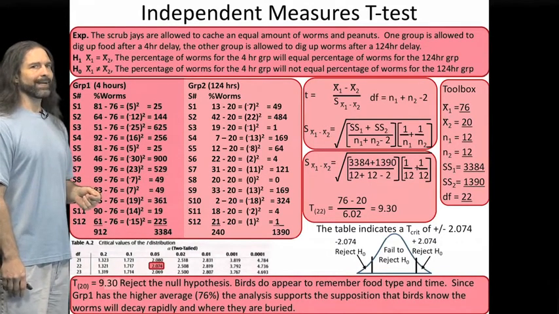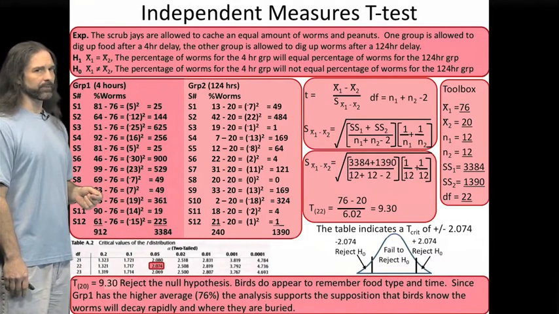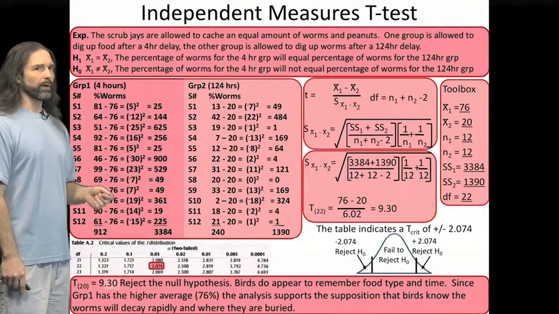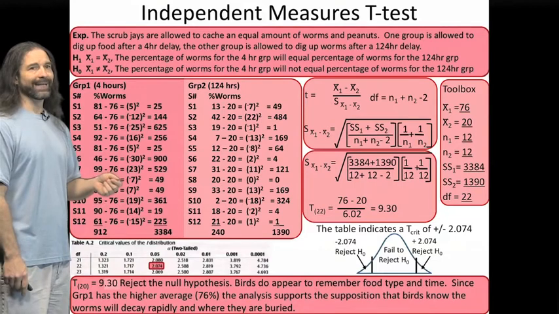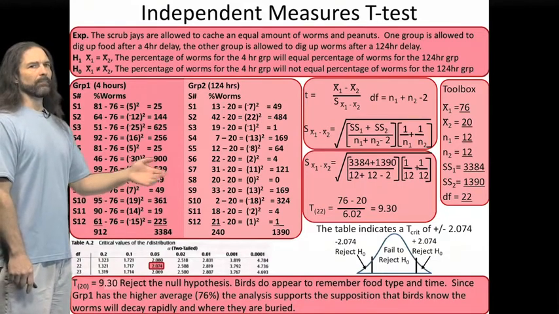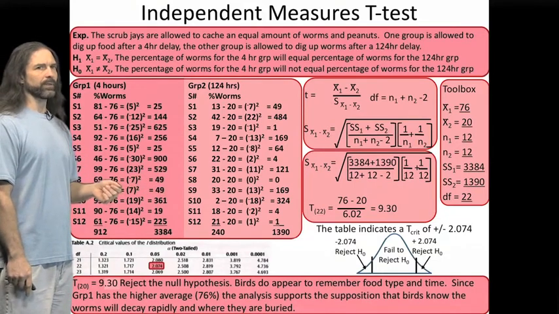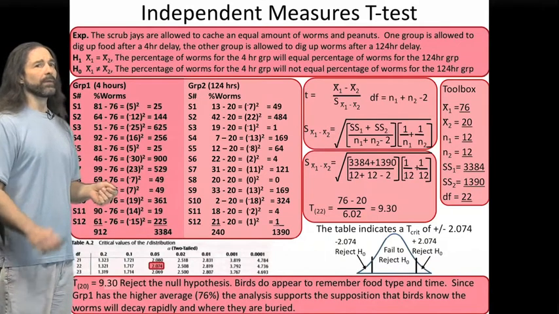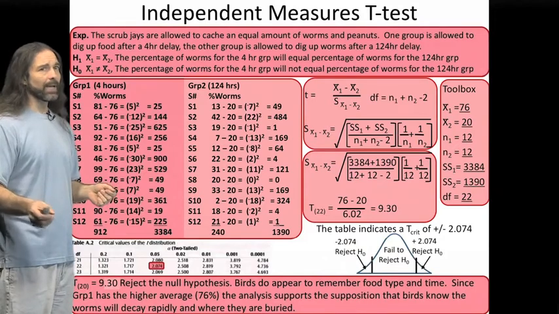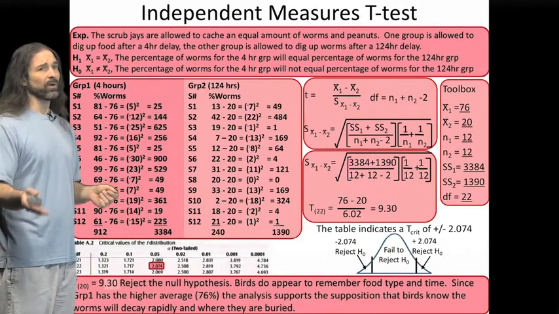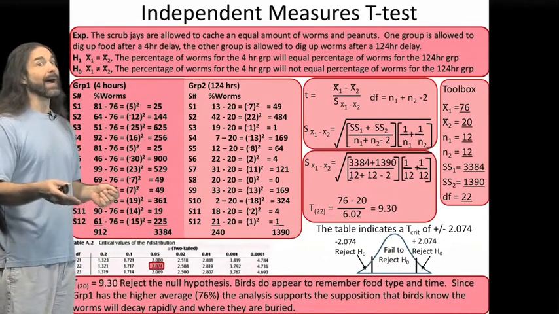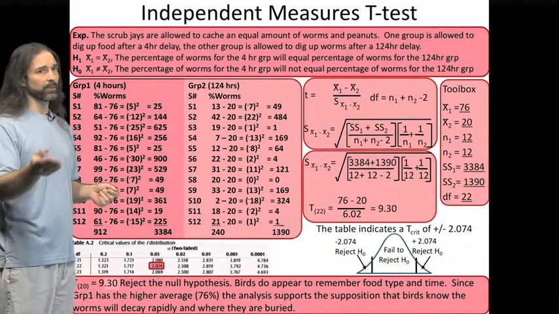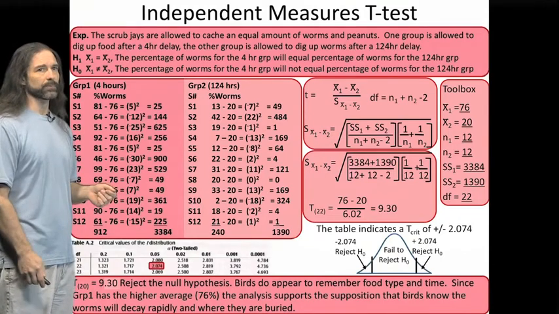And since group 1 has the higher average, 76%, this analysis does support the supposition that birds know what was buried, where it was buried, and when it decays, or that it decays, because by the time we get to the second group, they only dug up 20% of worms. That means that even though they prefer worms to nuts, after 124 hours, they know that the worms are nasty, so now the preferred food is nuts, and they spend their time digging up nuts instead of worms.